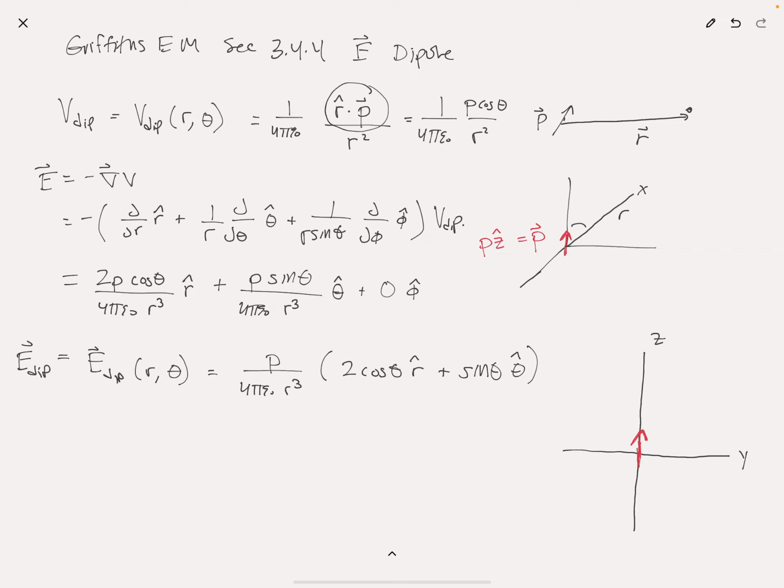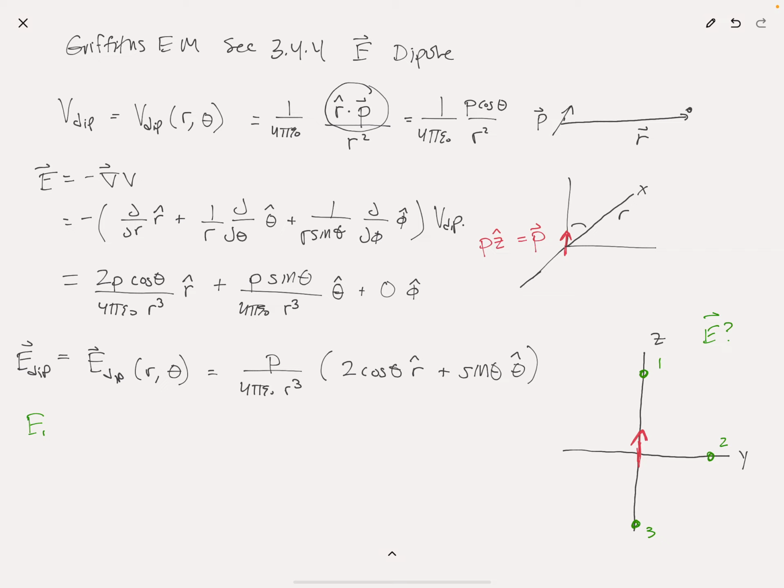And let's investigate what a couple of different regions of space look like. So I'll pick a point up here, here, and here. Let's assume that we're at the same distance away for all those points, and I want to know what direction E is pointing in those regions of space. So I'll call these 1, 2, and 3.